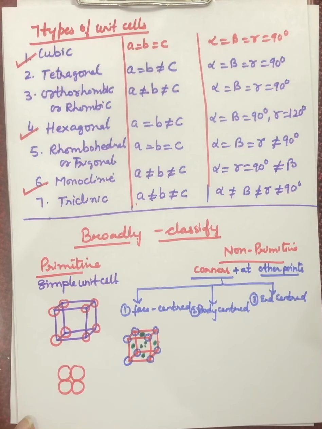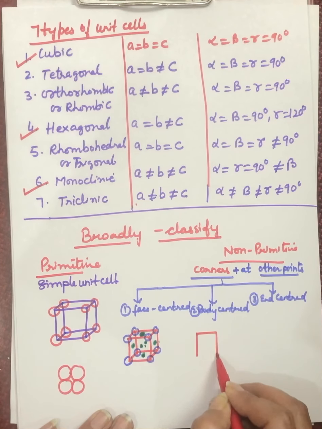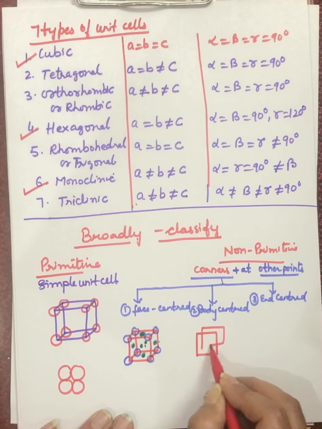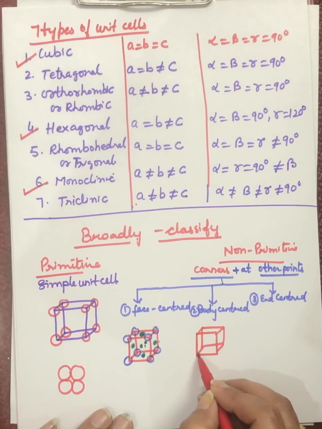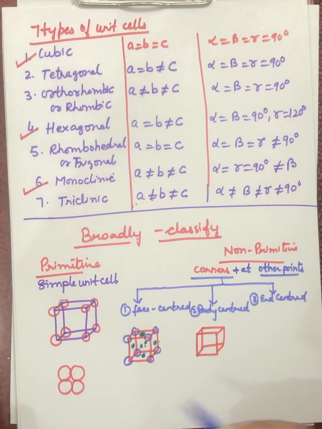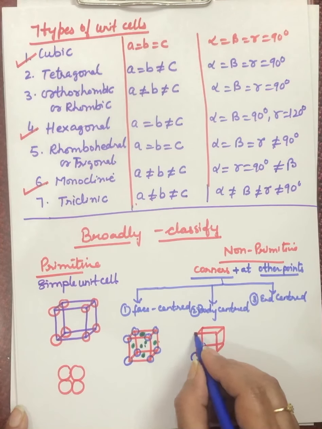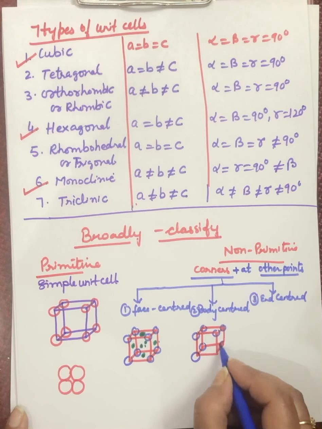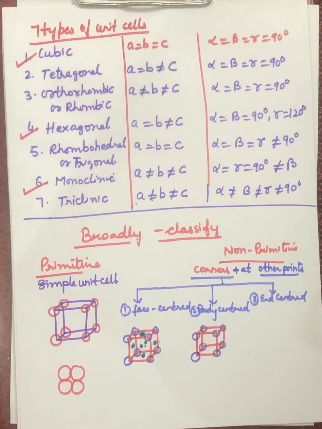How many corners are there in a unit cell? 8. How many faces are there in a unit cell? 6 faces are there. Now what is a body-centered unit cell? A unit cell in which particles are present at the corners of a unit cell plus also present at the center of unit cell, just in the center here.